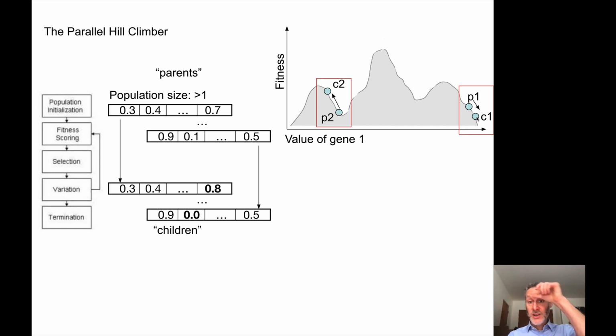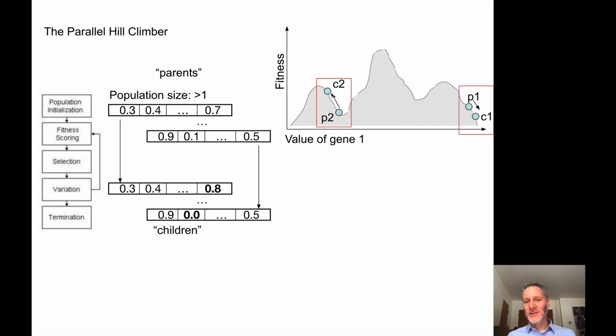P1 produces one child, P2 produces a child, and if parent 1's child is worse than it, that child is killed off and parent 1 is allowed to produce another offspring.